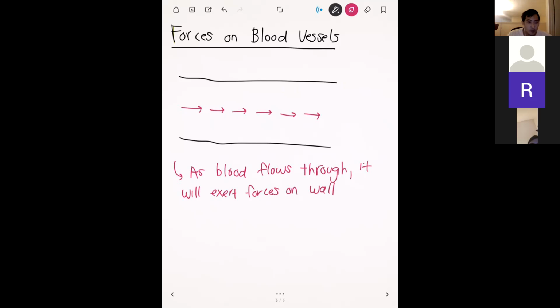And so, in particular, I'm going to talk about two categories of forces, right? And so, the first force that I want to talk about is pressure forces, which exert a normal force.